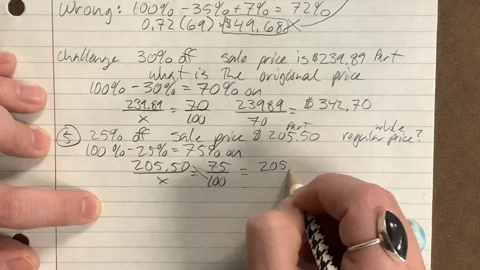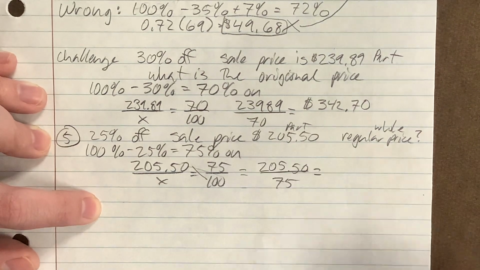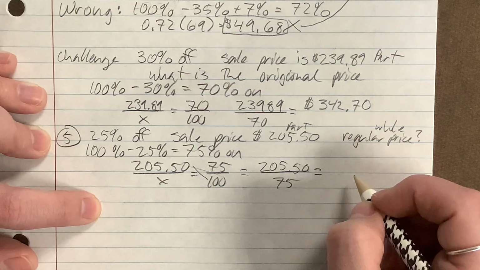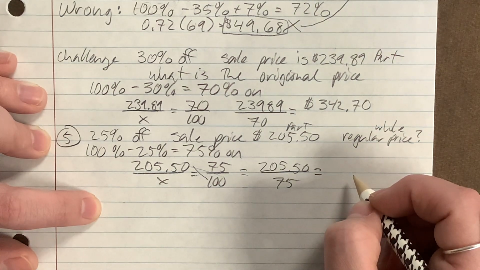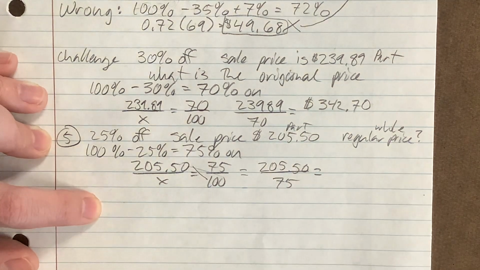So 205.5 divided by 75, and the regular price, calculator, is... I put something in there wrong. Oh, because I put in the decimals. I forgot to multiply it by 100. That makes sense.